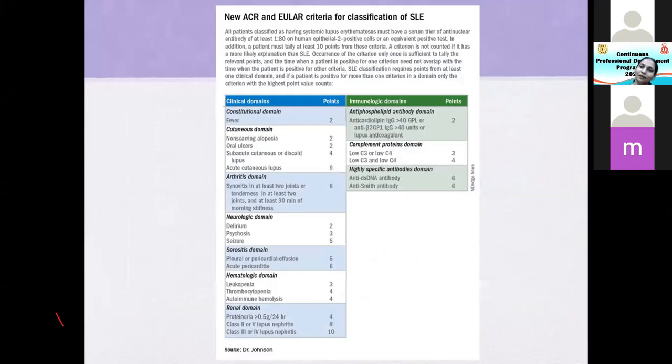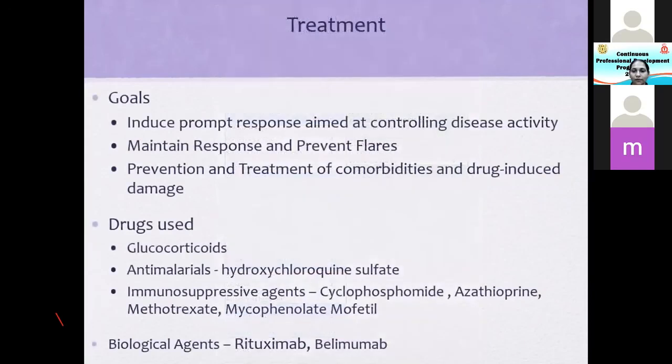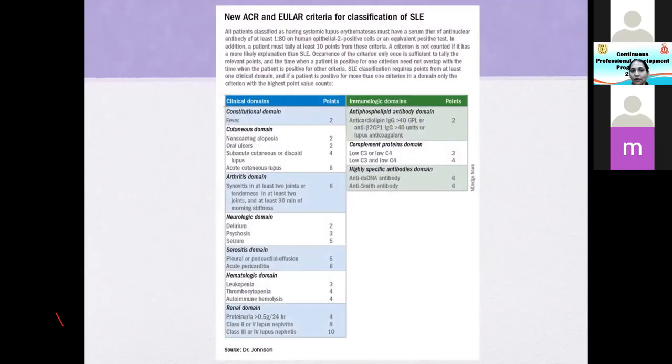More recently, with the recent developments in the diagnosis and management, a scoring system has been introduced by the ACR and EULAR. In this, we have the clinical domains and the immunologic domains.